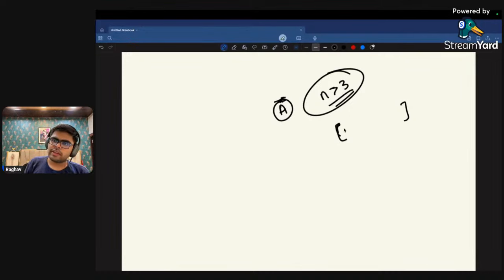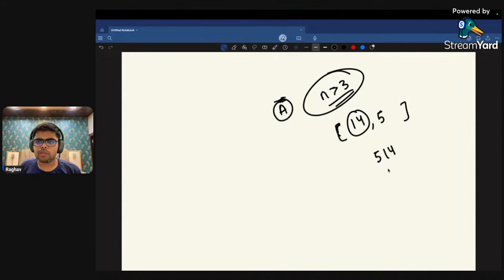So if you have something like 1, 4 and 5, even though the number 14 is bigger, the largest number can be formed by concatenating them as 5 and 4, right?